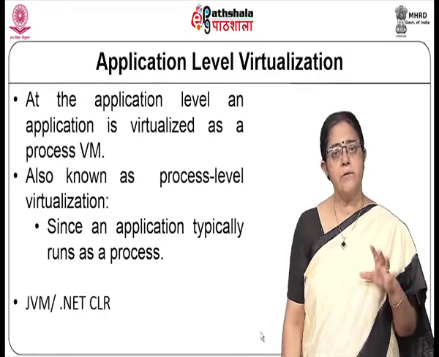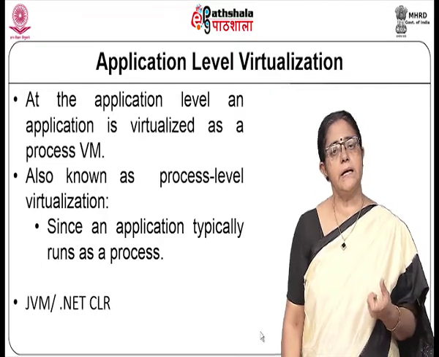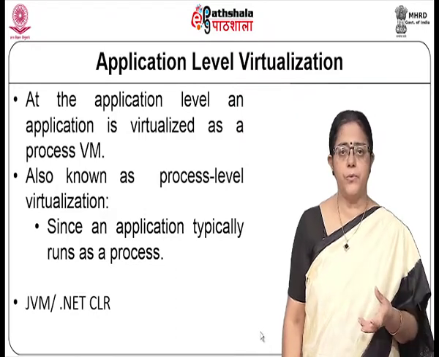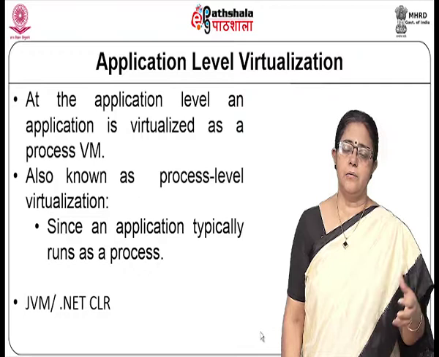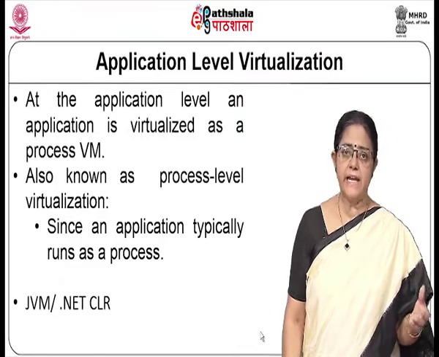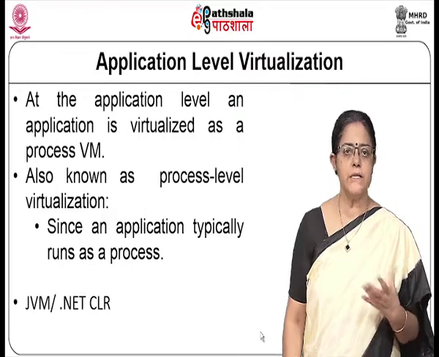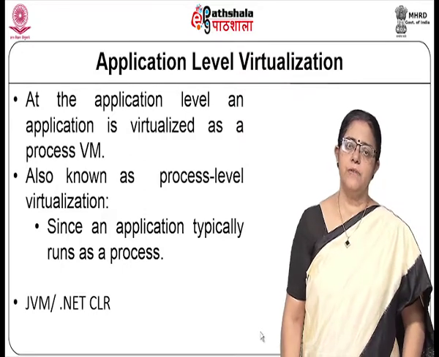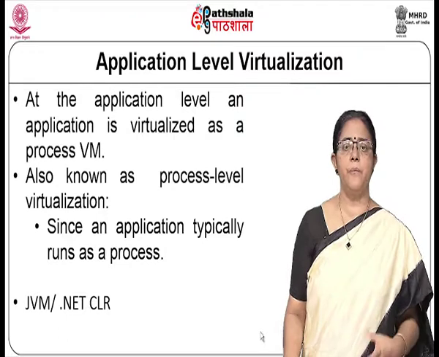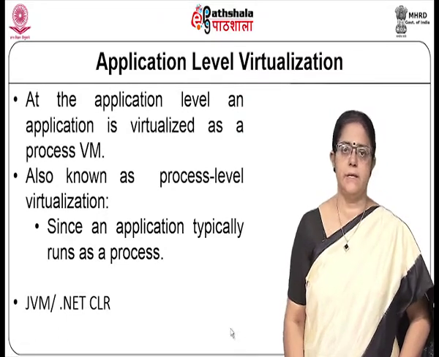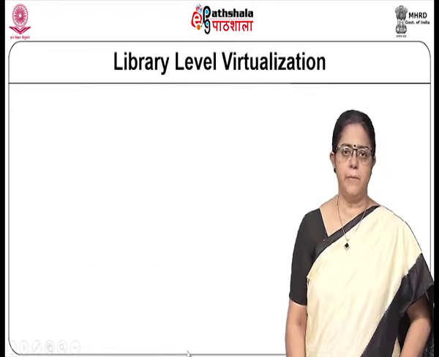The Java Virtual Machine is a mechanism using which a Java program can be ported to various architectures and various hardware without any problem. Therefore, platform independence is brought into Java because of this. .NET CLR is also a similar mechanism.